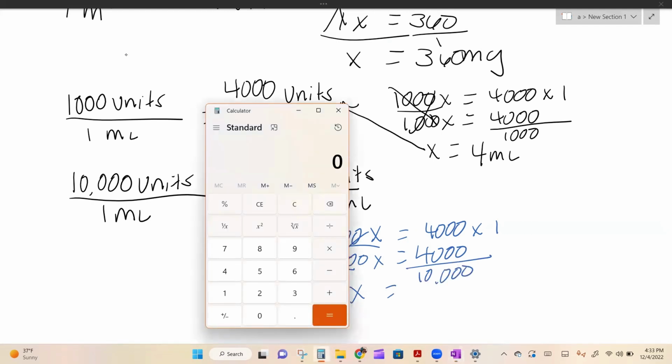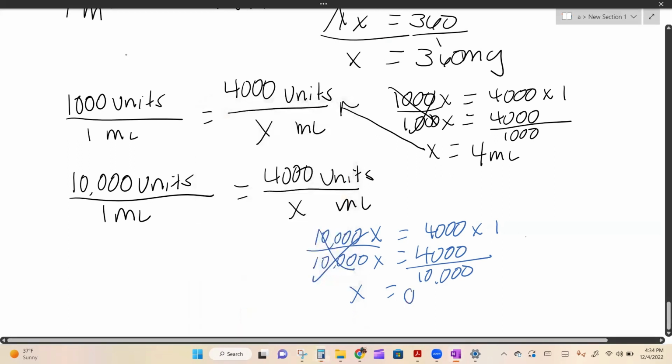So in our calculator, we're going to do 4,000 divided by 10,000 this time, which is going to be 0.4 ml. So if we were going to give them the 1,000 unit strength, we would have to dose up in a syringe or put into an IV bag, whatever we were doing, 4 ml.